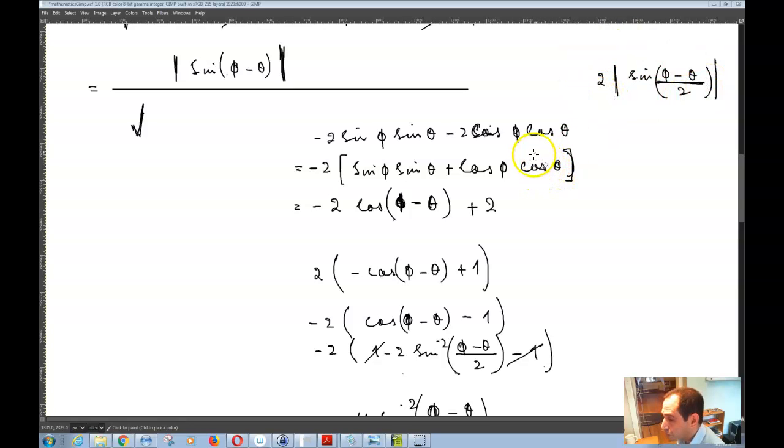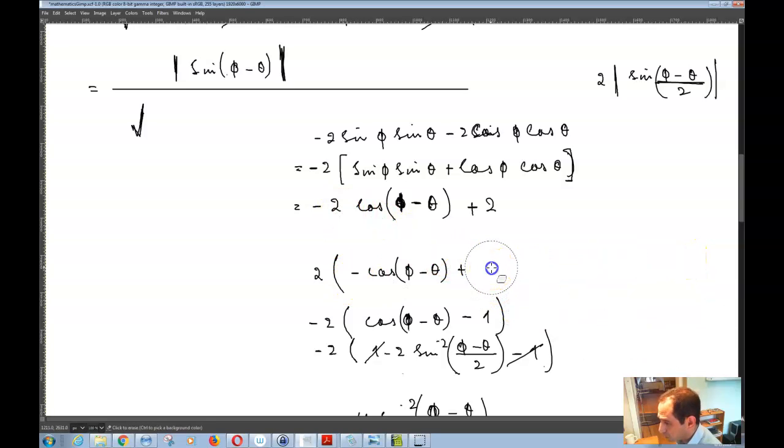So now you have negative 2 cos of phi minus theta plus 2. I don't really remember how I did this, but it must be right, hopefully. It was right, because I got to the right answer, which is not a very good reason, but I'm sure that is correct.